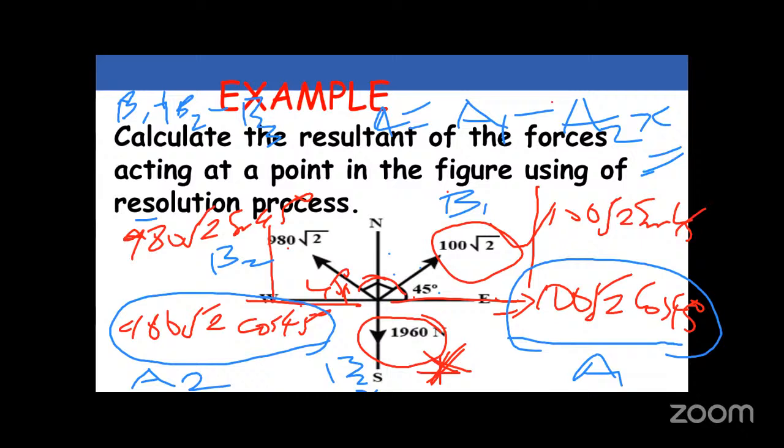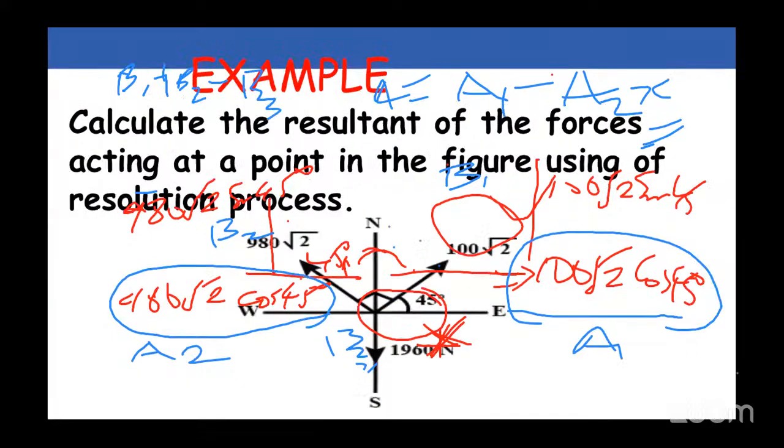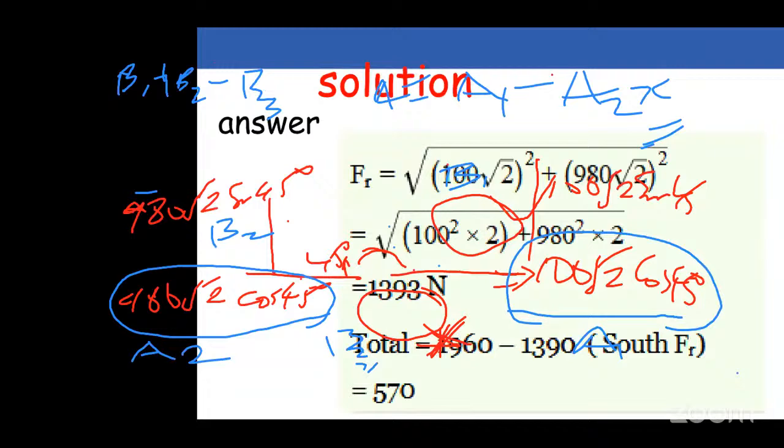Then for the y-axis, vertical component, we have B1, which is 100 root 2 sine 45 plus 980 root 2 sine 45 minus 1960. So that will give you component resultant vector for the vertical component.